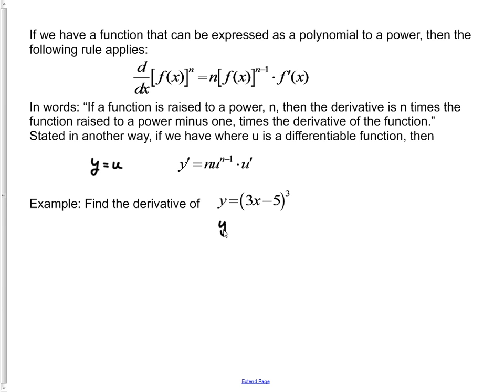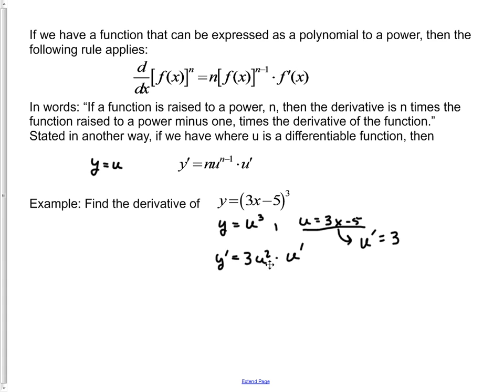We have, in effect, the function y equals u cubed, where we're replacing u with the function 3x minus 5. So how would this rule work? Well, this rule tells me that to find y prime, I'm going to take 3 times u squared, but then I want to multiply it by u prime. What's u prime? Well, u prime is the derivative of this inner function. U prime, in this case, is a really simple one, equal to 3, the derivative of 3 times 1 minus 0.